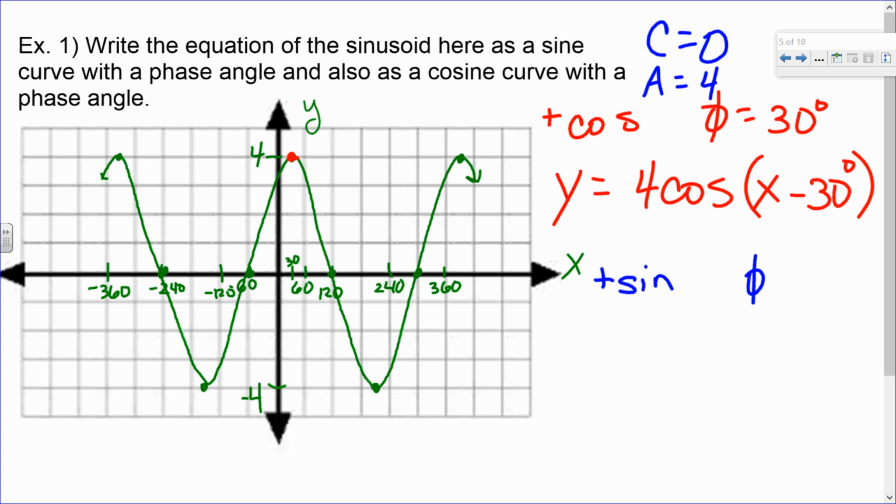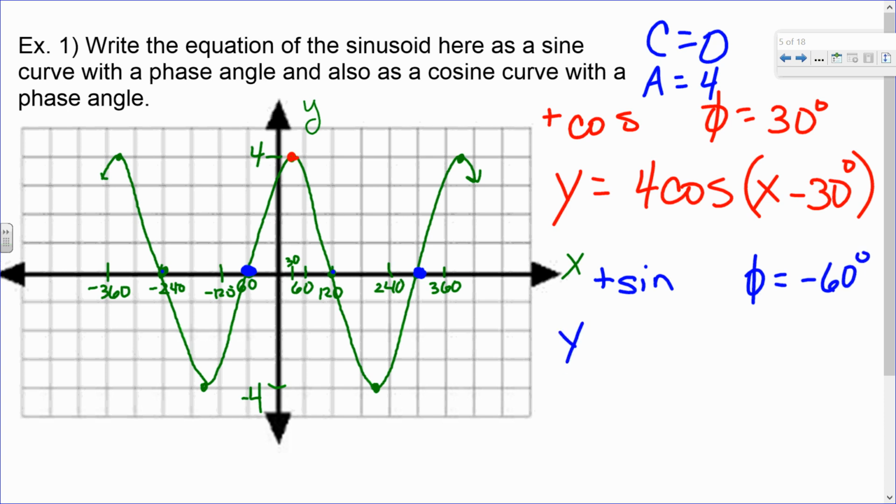Increasing. So this is a center line increasing. Nope, that's center line decreasing. That's center line decreasing. That's center line increasing. Which of those two is closer to the y-axis? The negative 60. So phi is going to be negative 60 degrees.